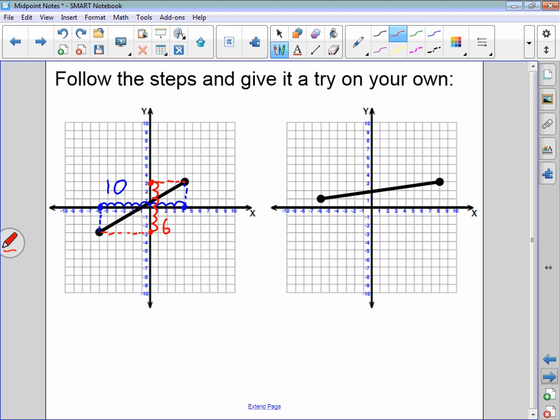So now I will count halfway for the blue. If it is 10, halfway would be 5. So I'm going to count 1, 2, 3, 4, 5. And I'm at -1.